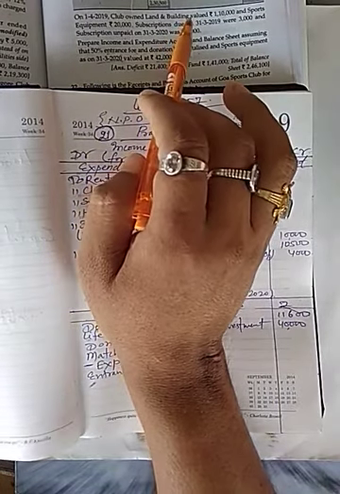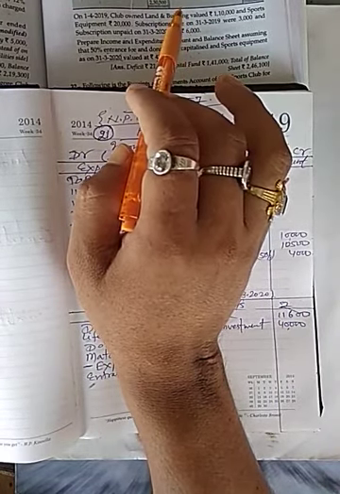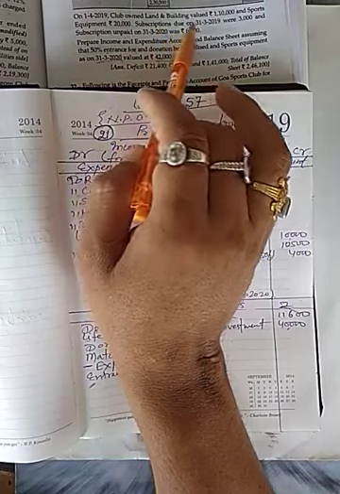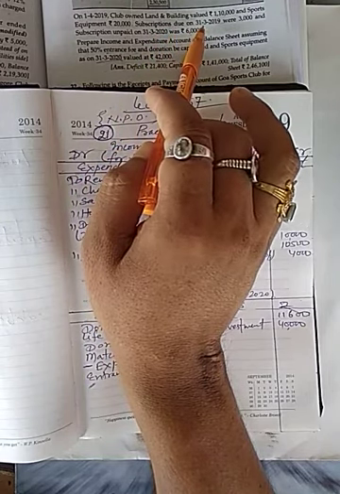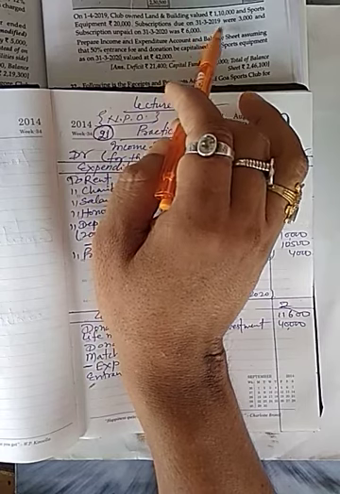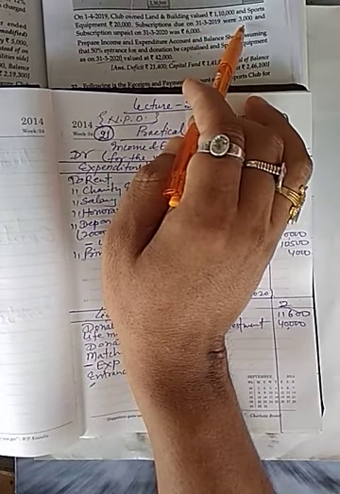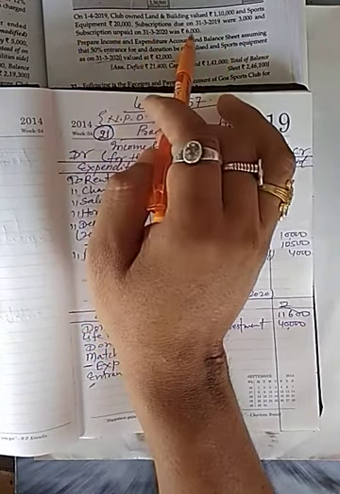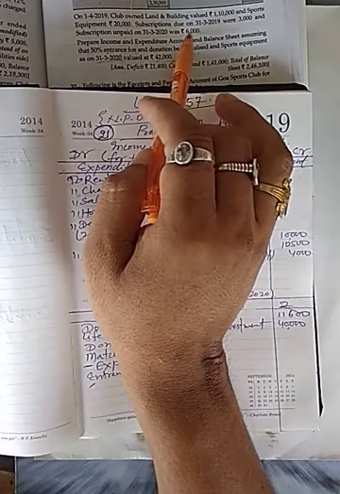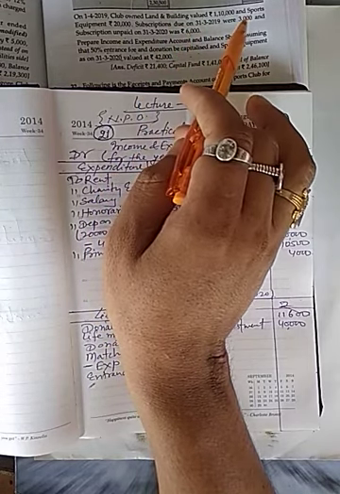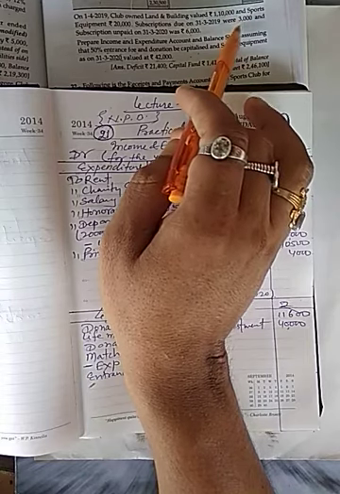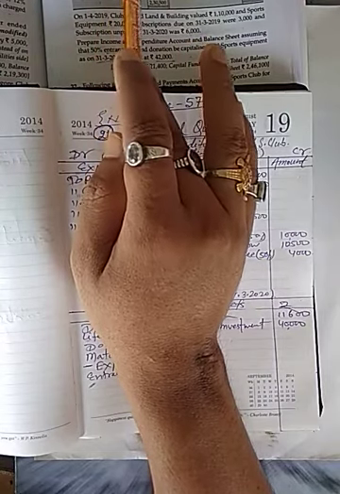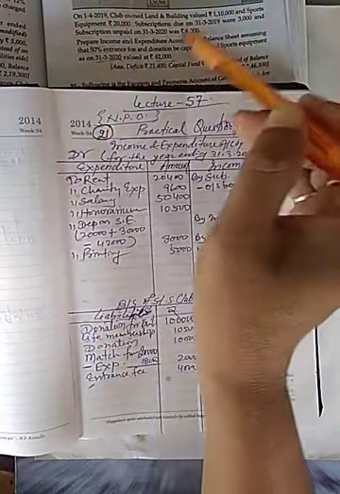So now I will write subscription due on 31st March 2019. It will be related to the previous year, and subscription unpaid will be related to the current year. Out of 3,000, 2,000 has been received, the question says.